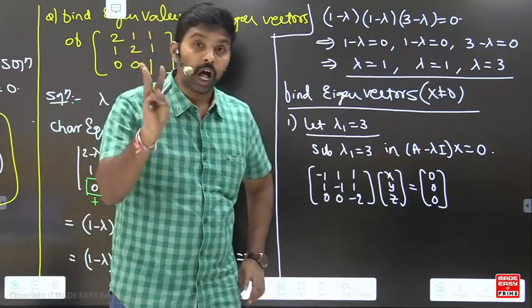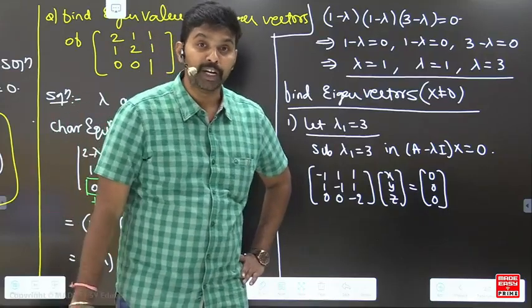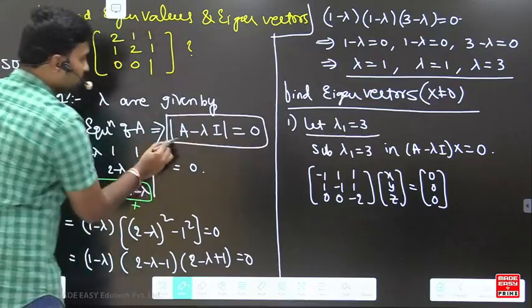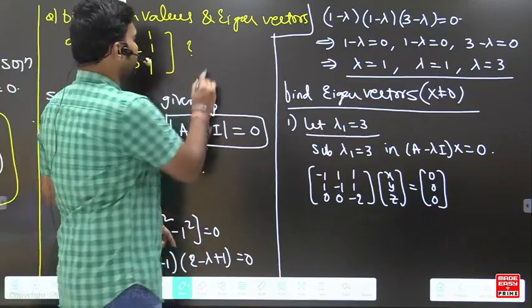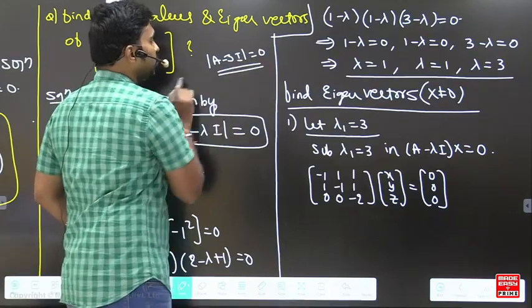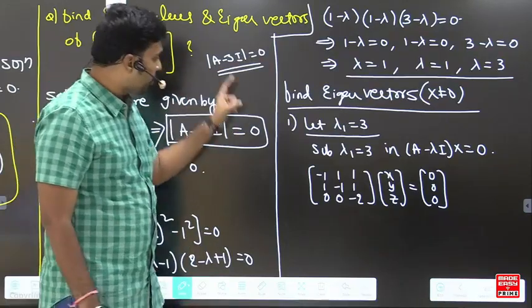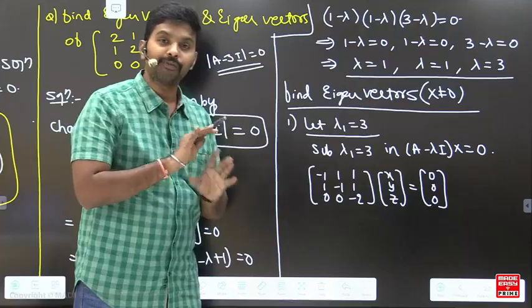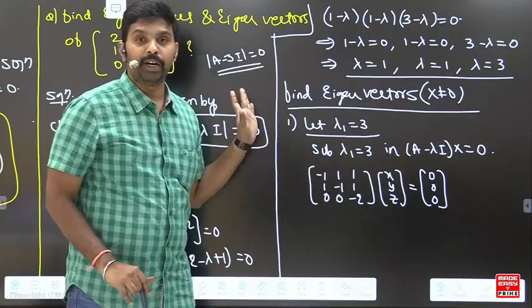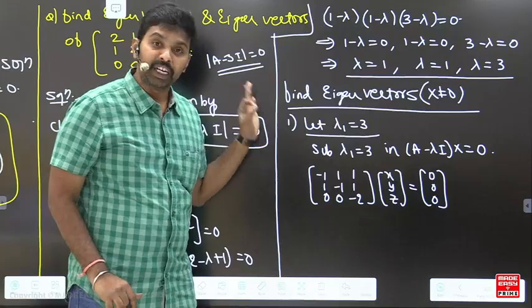But here all 3 equations cannot be independent because you have already seen the determinant of A minus 3I is 0. So at least one will be dependent.